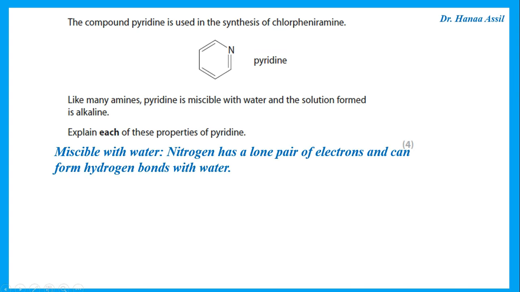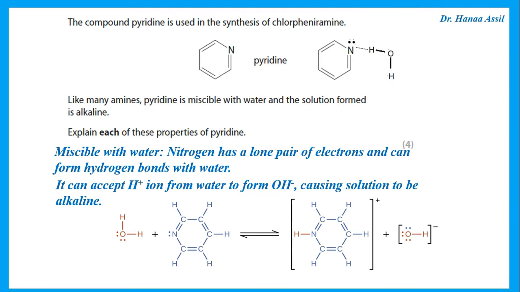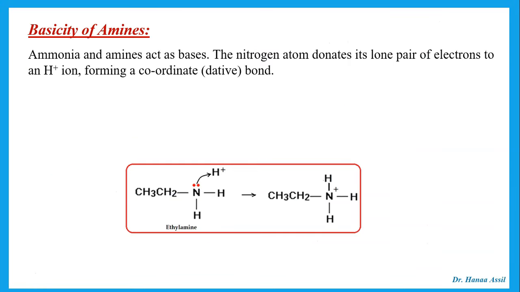Of course, we're going to say it's miscible with water because the nitrogen has a lone pair of electrons and can form hydrogen bonds with water, and it can accept H+ ions from water to form hydroxide ions, causing the solution to be alkaline. So the nitrogen has a lone pair of electrons that takes H+ from the water, forming hydroxide ions, and this causes the solution to be alkaline.